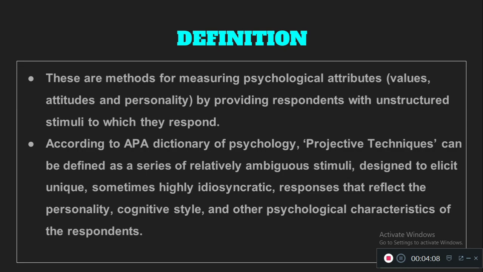Sometimes this information may be highly idiosyncratic, without any factual meaning, but these responses tell about the subject's personality, their cognitive style, like their attitude, judgment, and style of perception, and also other psychological characteristics which they don't tell in normal times. These projective techniques bring them out when we administer them.